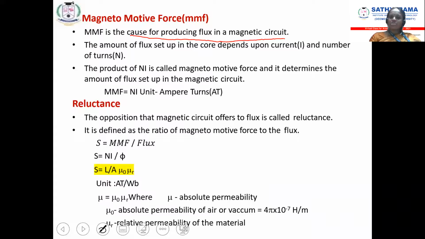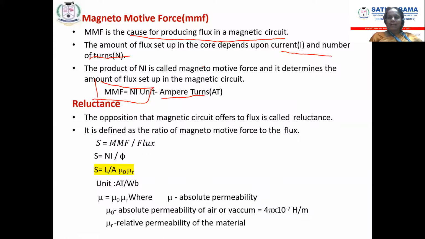The MMF is proportional to I and N, the number of turns in the coil and the current flowing through the coil. So kindly note down the formula for MMF: N into I. N is the number of turns, I is current. The unit is ampere turns, or simply AT.